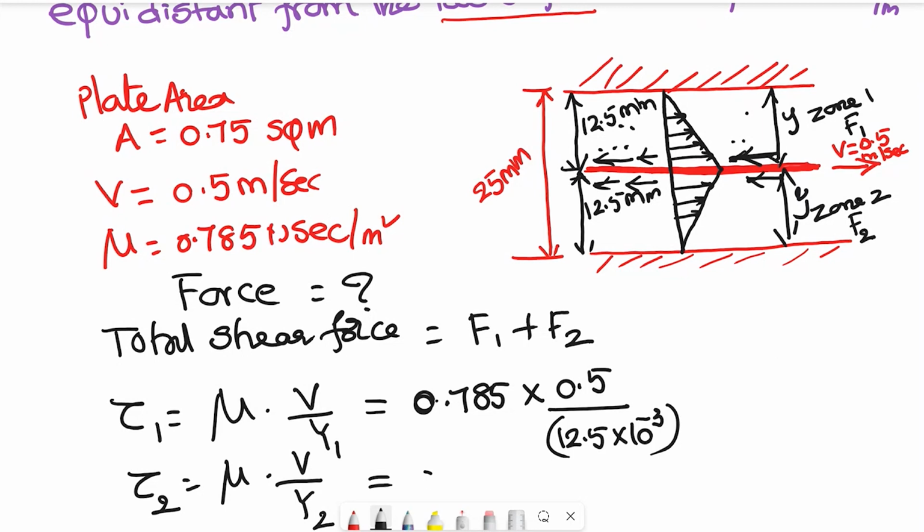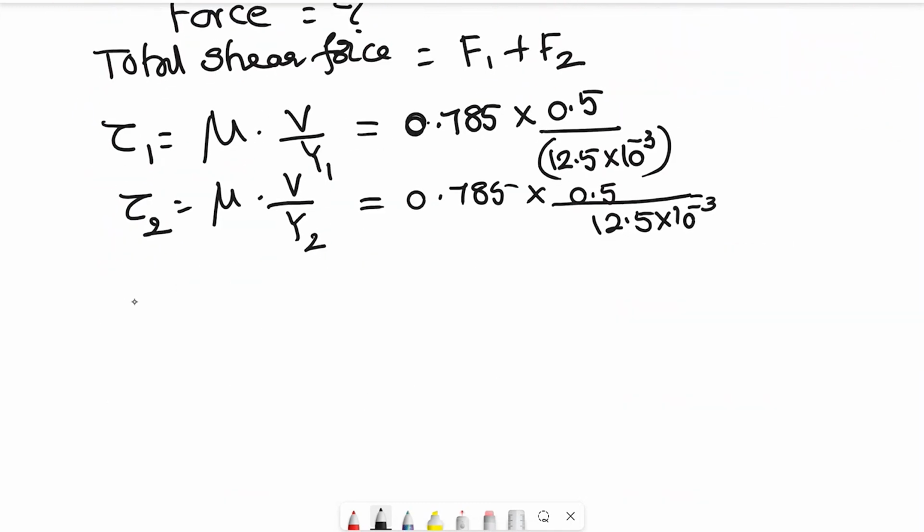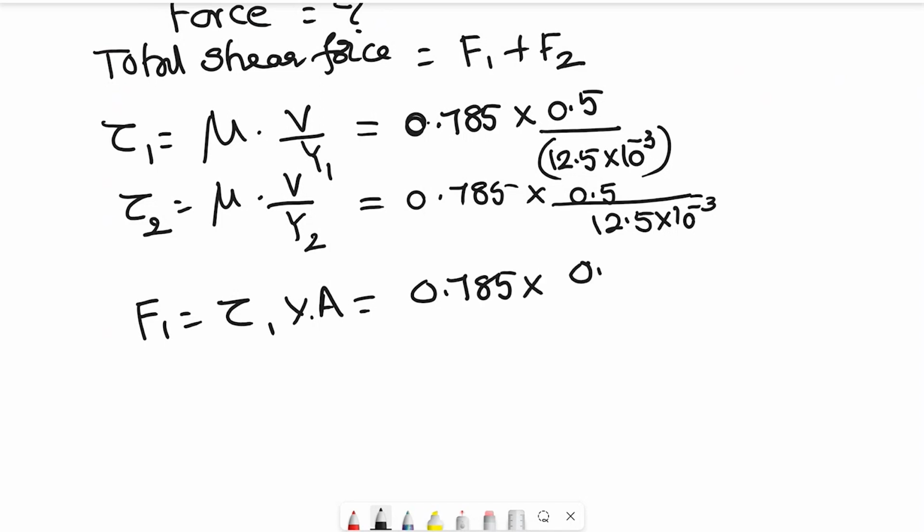Similarly here, it is 0.785 into 0.5 divided by 12.5 into 10 to the power of minus 3. Now the force F1 is equal to tau 1 into area. So tau 1 is 0.785 into 0.5 divided by 12.5 into 10 to the power of minus 3, into the area he has given, 0.75.